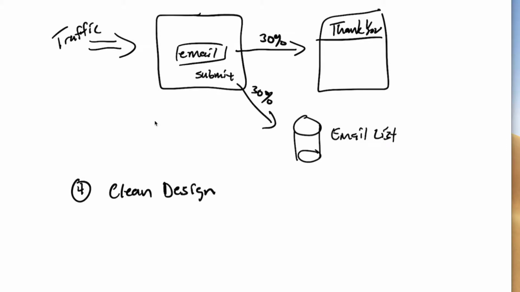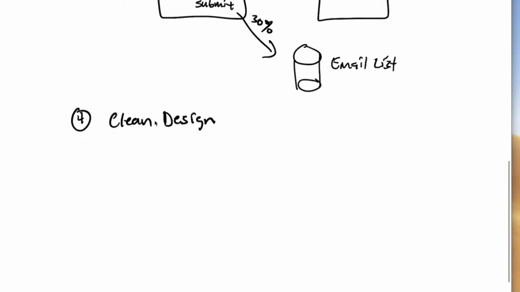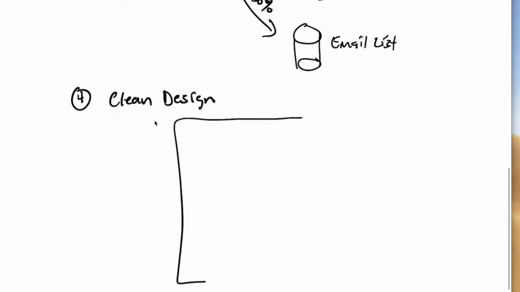Another thing that's important is have a clean design. You don't want to have an opt-in page that's super busy, okay? Your opt-in page should focus people directly on the messaging and the free thing you're giving away. So typically an opt-in page, when designed, is going to have a headline, okay?